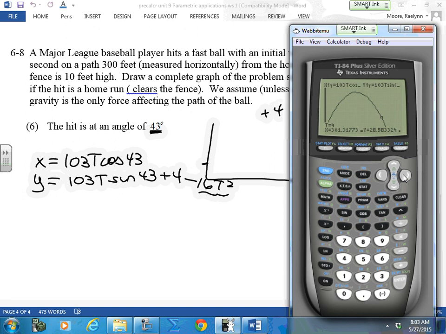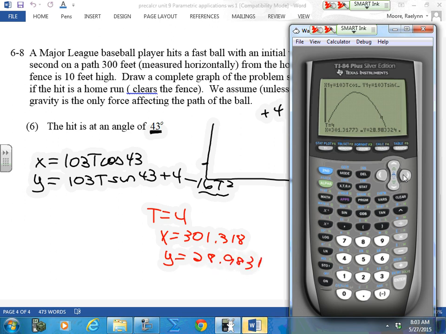So, yes, he clears the fence. We can say this. When time is 4, the X is 301 point something, and my Y is 28.983 feet. So, clearly, he hits a home run. Does everybody see why? Pretty good, right? I bet you didn't think you could figure all this out before this.